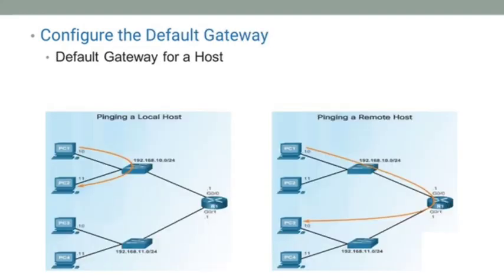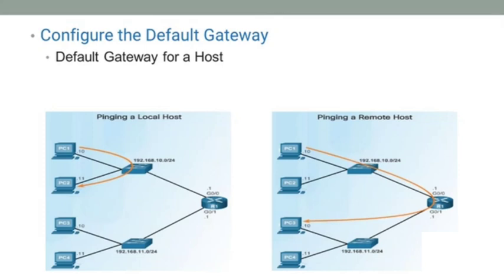This is the example of the default gateway for a host. PC1 and PC2 are connected to a switch, while PC3 and PC4 are connected to another switch, and the two switches are connected to the router.